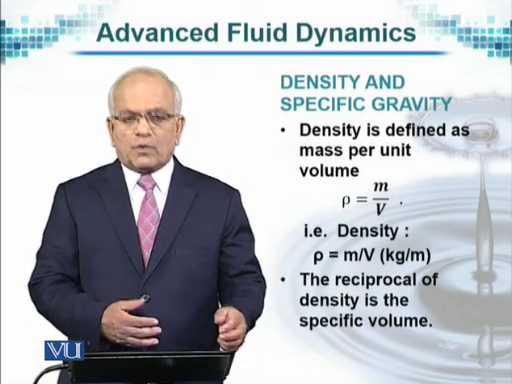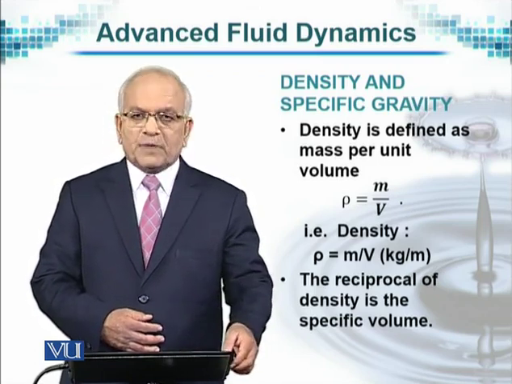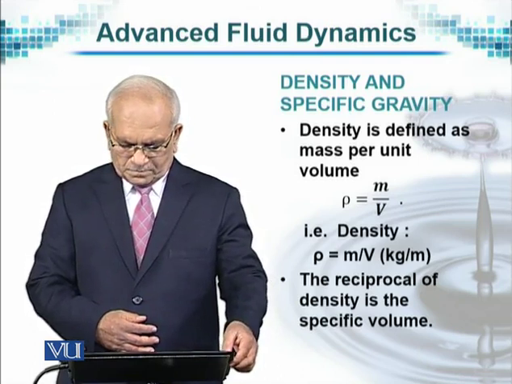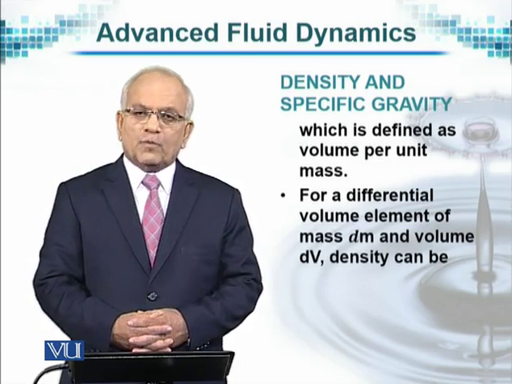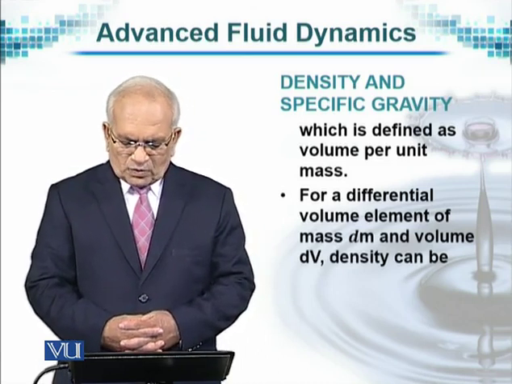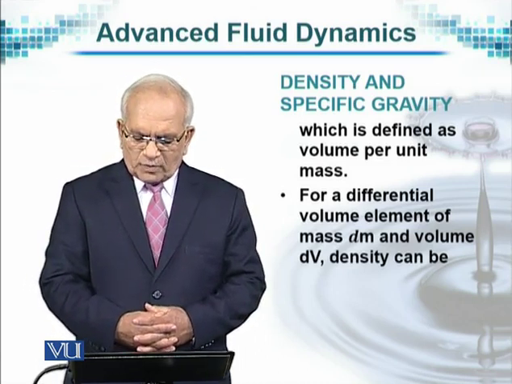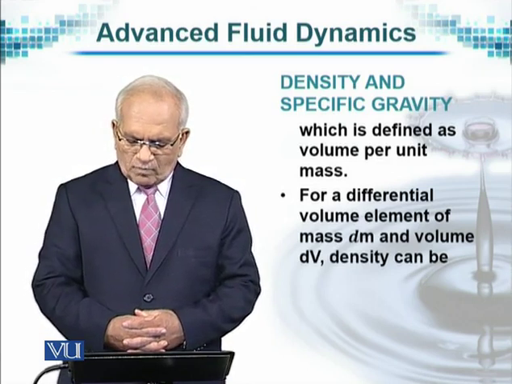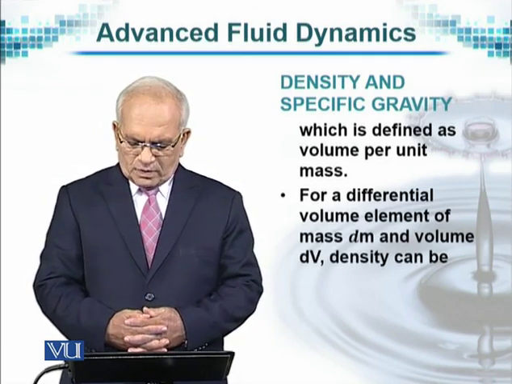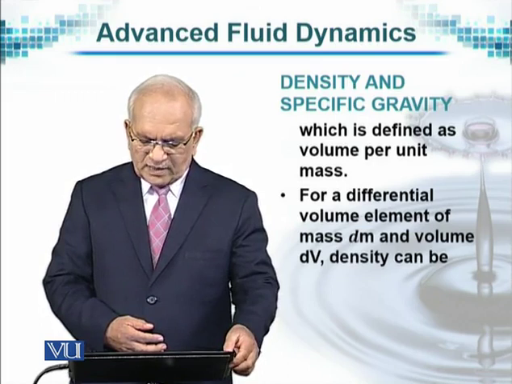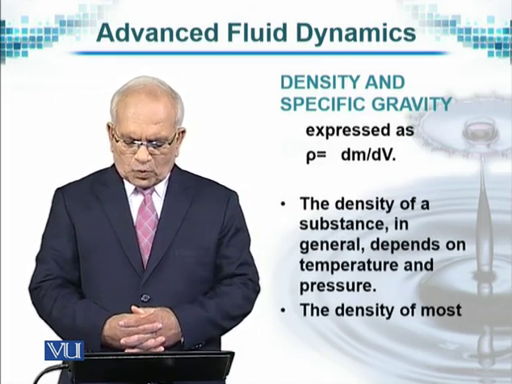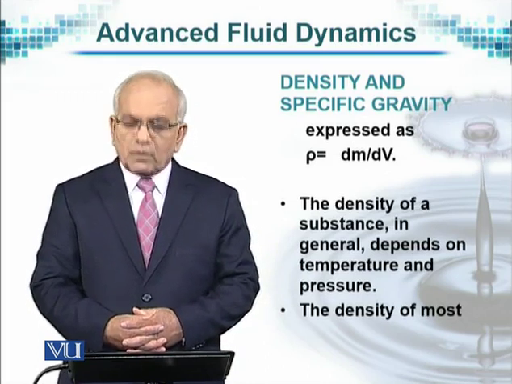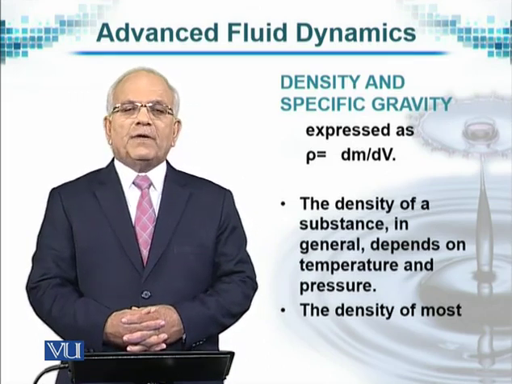So 1 over rho is the specific volume, which is defined as volume per unit mass. For a differential volume element of mass dm and volume dv, density can be expressed as rho equal to dm over dv.